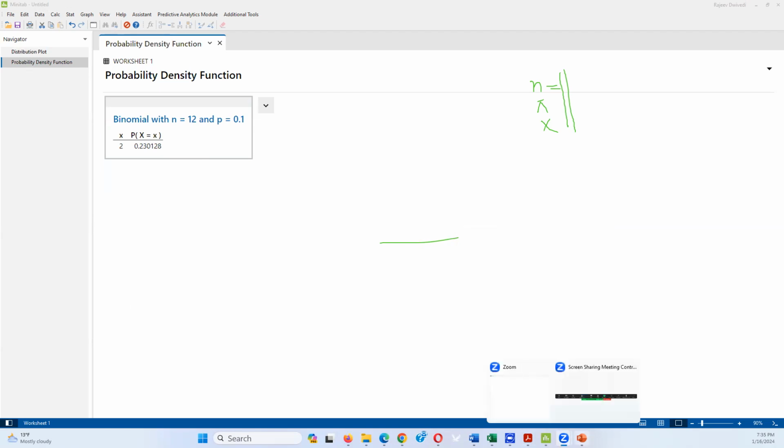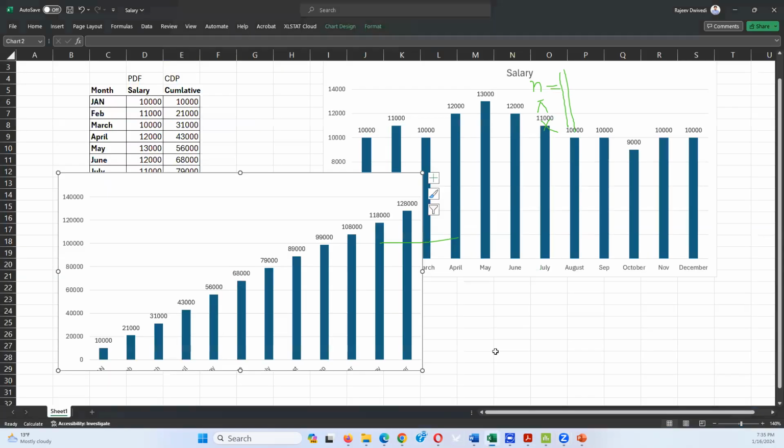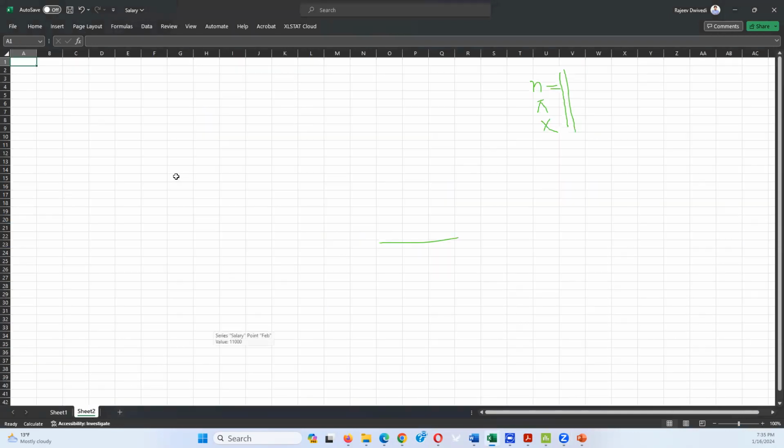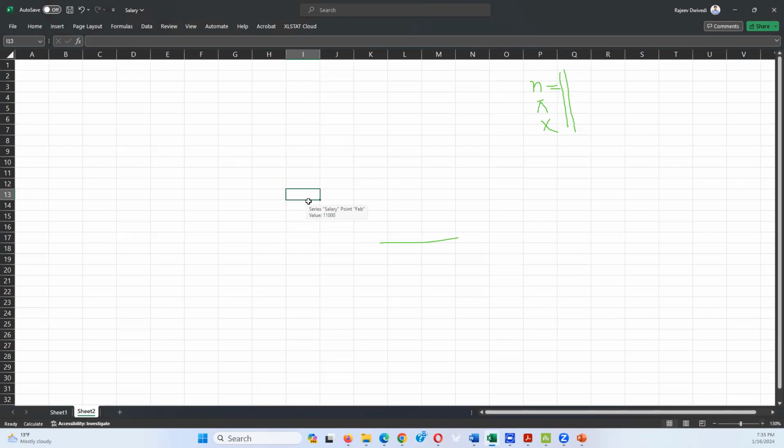Now I can show you the same thing in Excel. So I need the binomial distribution. Just equal sign, binomial distribution, here you can see. And it is asking, you can clearly see, number of trials, probability, and cumulative or non-cumulative.